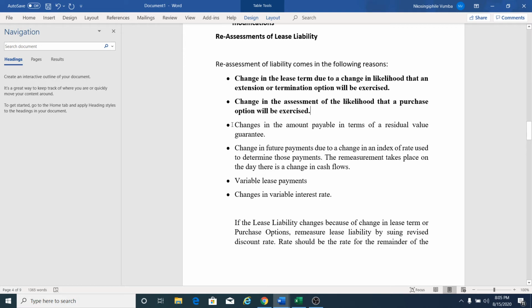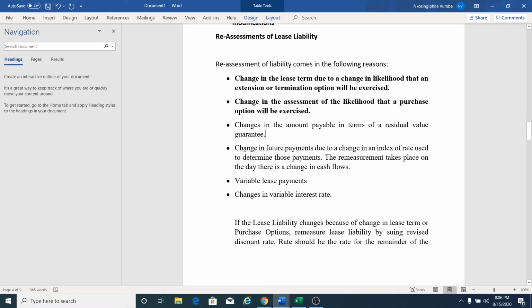Okay, and then number three, the changes in the amount payable in terms of the residual value guarantee. Remember, if the residual value guarantee changes, you need to reassess your lease liability, because you know that the lease liability actually includes the residual value guarantee and all other things. So if the residual value guarantee changes, the lease liability will have to be reassessed.